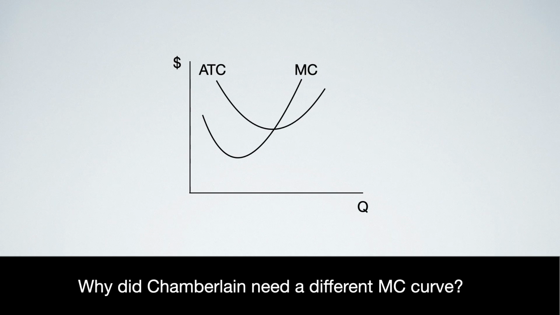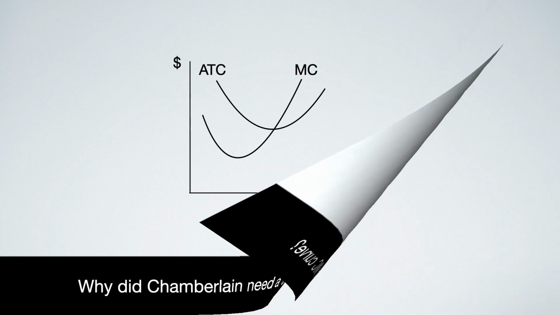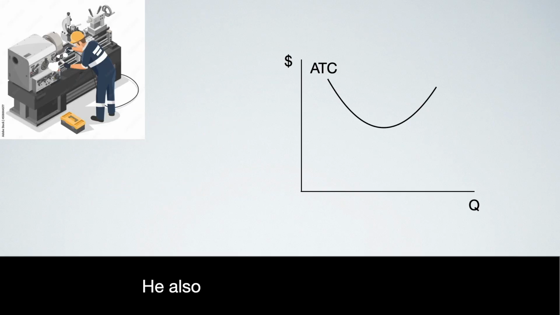Why did Chamberlin need a different MC curve? Chamberlin's scales. He also called the U-curve scale.